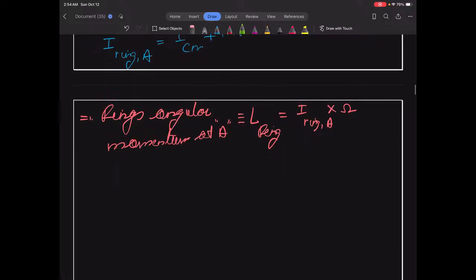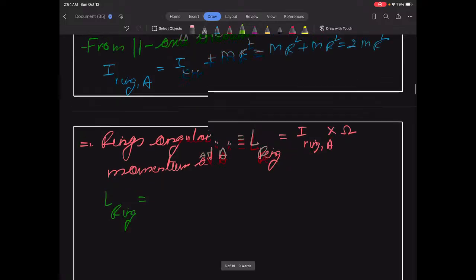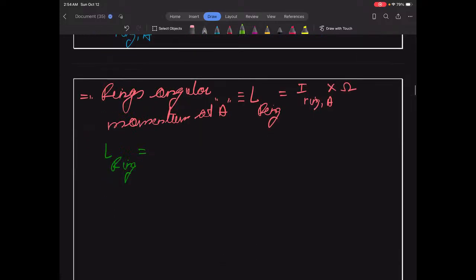And from here we get that our angular momentum L ring will be equal to I ring about A, which is 2mr square, multiplied by omega.